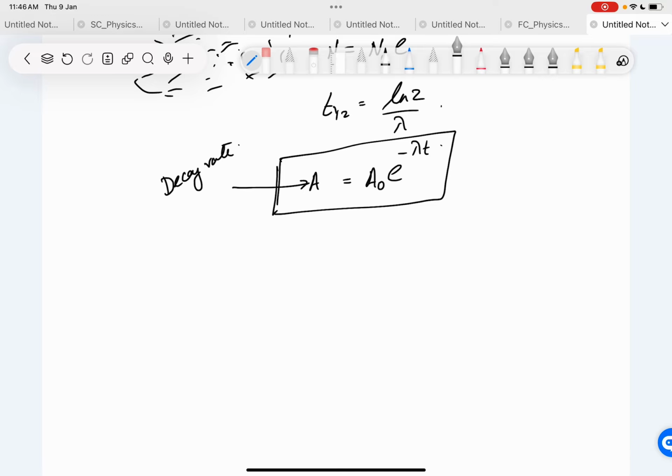So let's take over here a question. Let's say that there is a sample A and B, both are radioactive. This one has a half-life of let's say Ta. This one has a half-life of let's say Tb. We'll write Ta half and Tb half just to be clear.